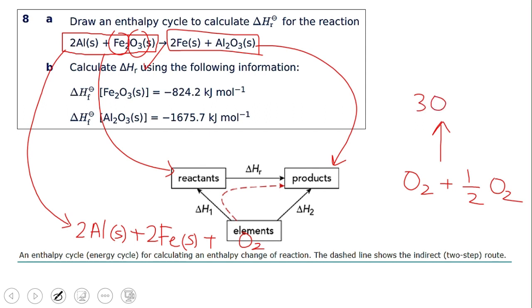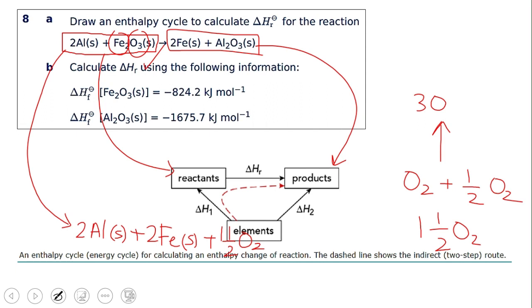So complete O2 plus 1 by 2 O2 we need. So complete O2 is 1 plus half. So we are going to write 1 and a half O2 that we need here, in the form of elements.